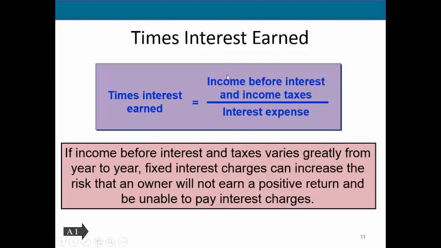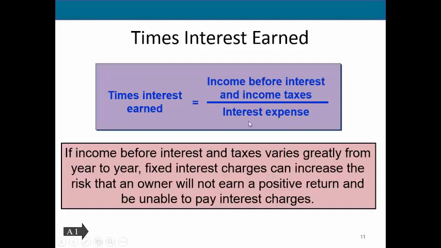The reason that we use income before interest and income taxes is because this is the income that is relevant to paying our interest expense. Because we want to make sure that we're not including the bottom line income, because that's going to be after we've paid interest and after we've paid taxes. But we're looking at, can a company pay the interest that they are incurring in the current period?